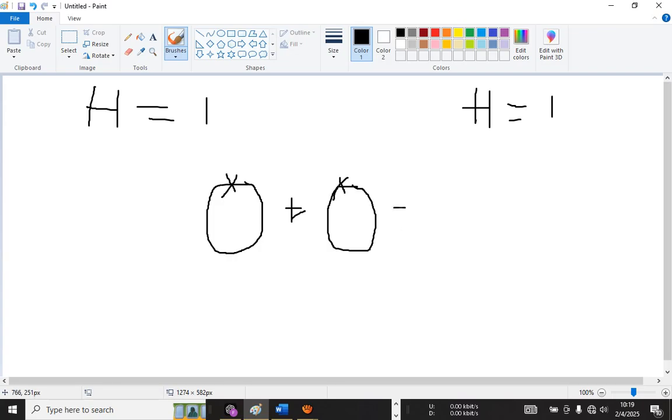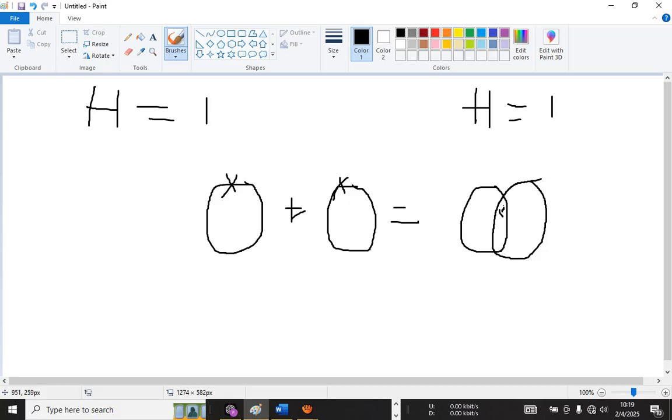Now under covalent bonding, these two hydrogen atoms will come together, but they will share their valence electron. They will be drawn like this, and then they will come in contact. When they come in contact, each of them will share its electron.